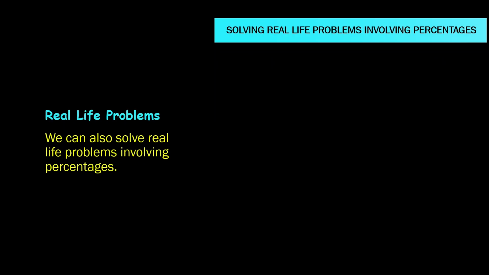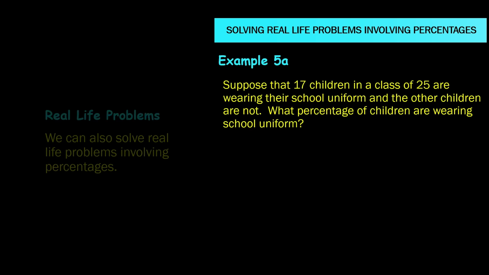We can also solve real-life problems involving percentages. Let's take a look at an example. Suppose that 17 children in a class of 25 are wearing their school uniform and the other children are not. What percentage of children are wearing school uniform? Let's first summarize the key information. So, the total number of children equals 25.